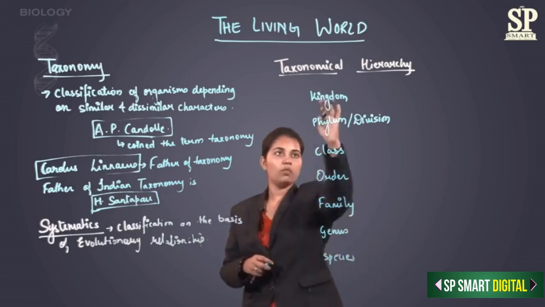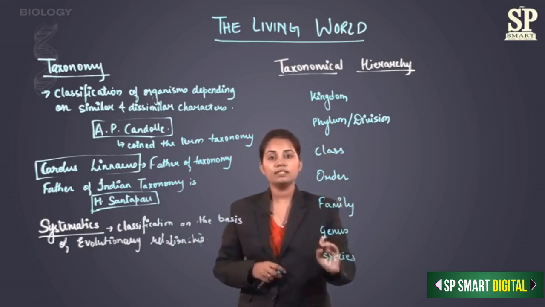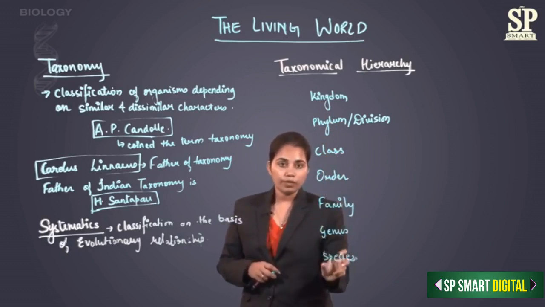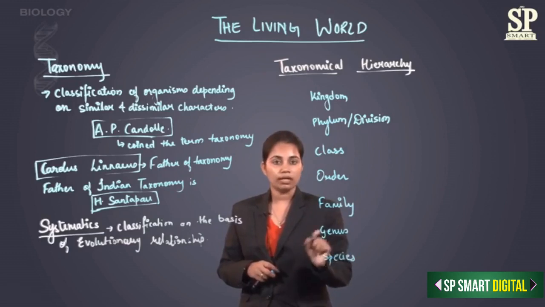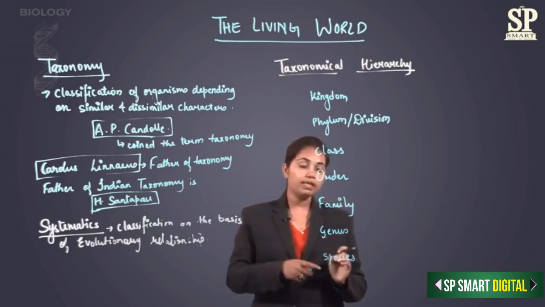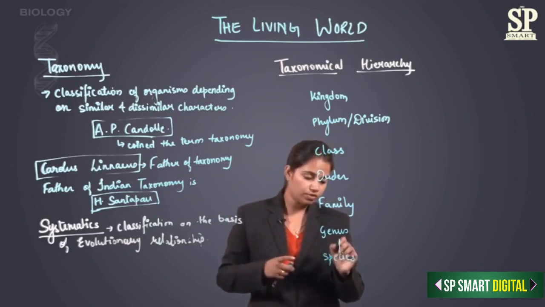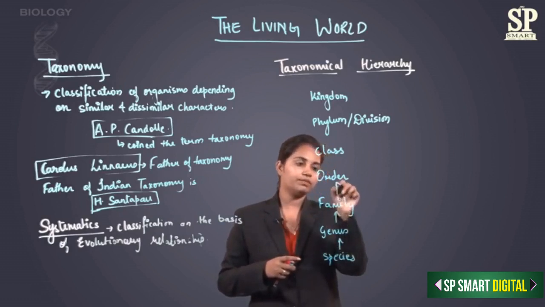So these are the 1, 2, 3, 4, 5, 6, 7 steps on which I am going to classify the organism. So basically this starts with the species. So the arrow goes like this.